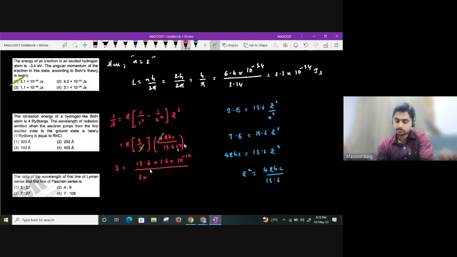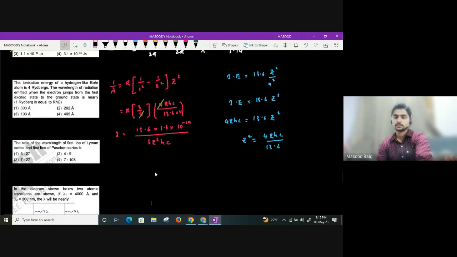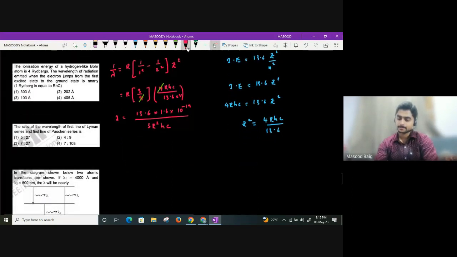The answer is also not given in Rydbergs, so R square we'll get, no? Whatever it is, I think you can solve for it. You will get 3R square HC.